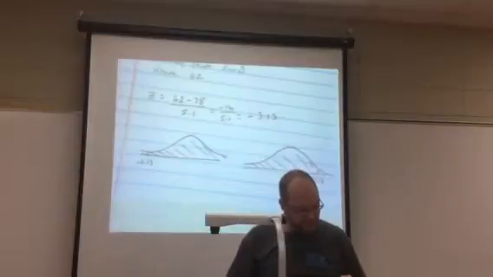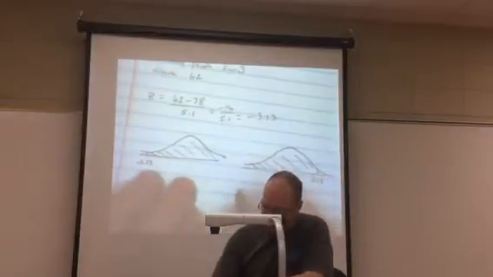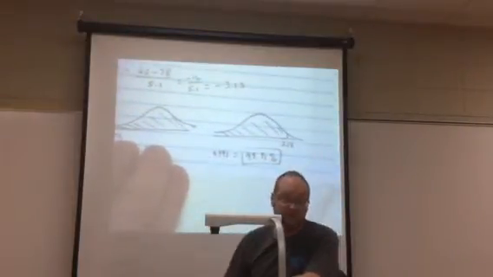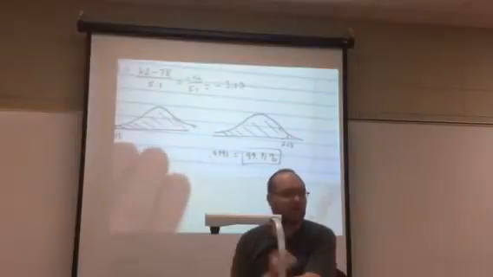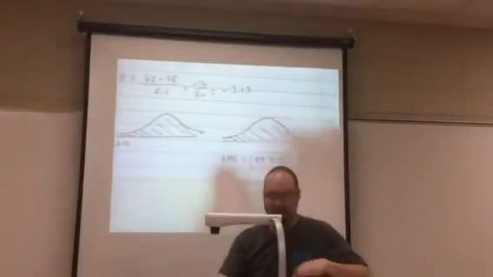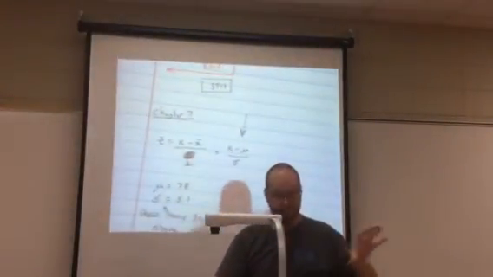So if I look up positive 3.13, that region is 0.9991, which means almost 100% of people scored above a 62 on that problem. So that's ultimately where we're going with the Z distribution. So in chapter 7, you're looking at this formula, but it's using the chart.